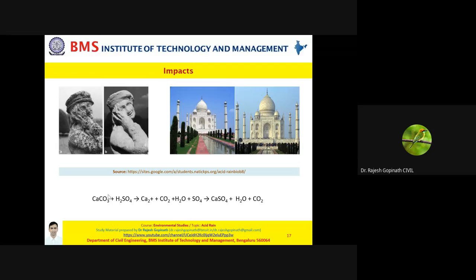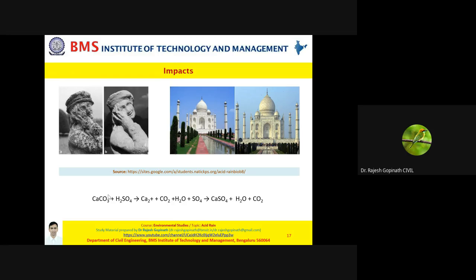Now let's imagine that due to some form of pollution, let us say, probably Mathura refineries is releasing sulfur dioxide, or any petroleum refinery, eventually what happens, there is production of nitric acid or sulfuric acid. Say, for the case of argument, let us say acid rain falls on Taj Mahal. Let us say sulfuric acid falls on Taj Mahal.